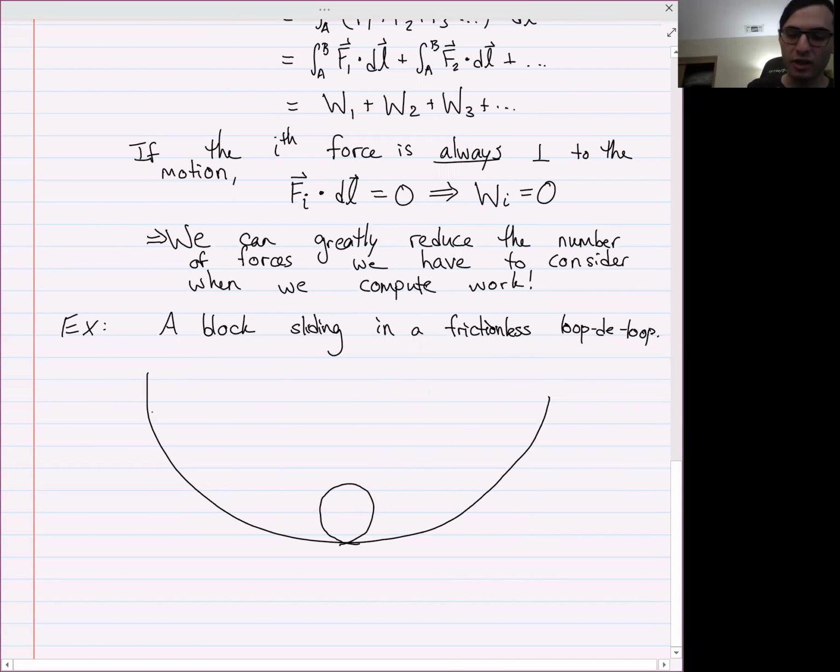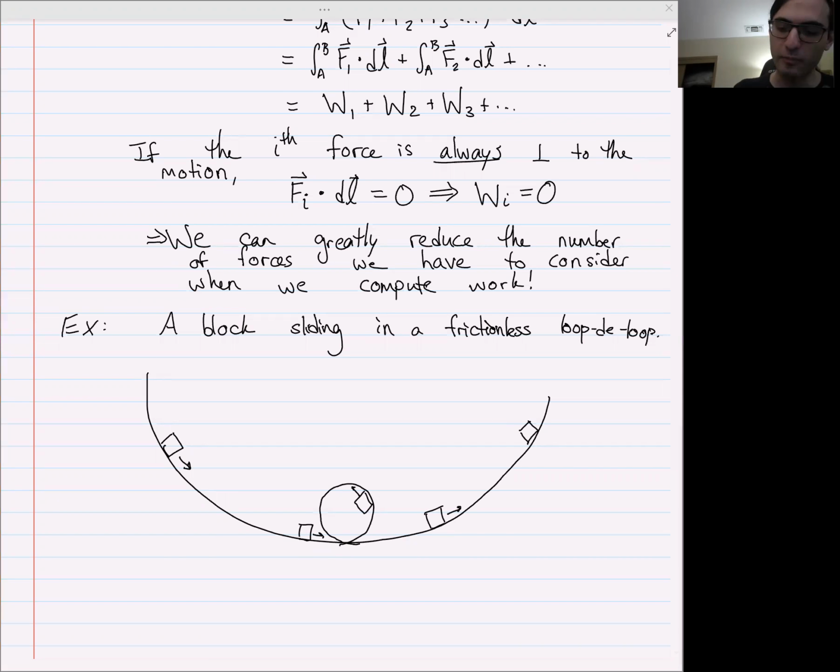The block starts off up here, sliding down. It's frictionless, so there's no friction as it's sliding. It goes around the loop-de-loop, and then it goes back up. And then eventually it'll come to a stop.